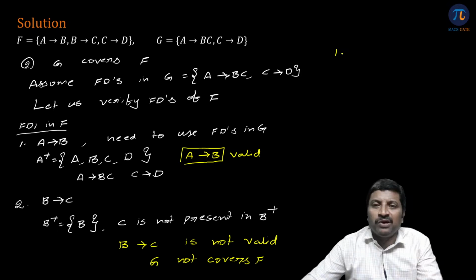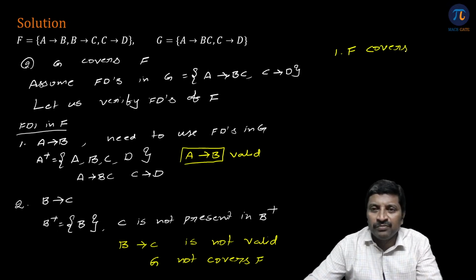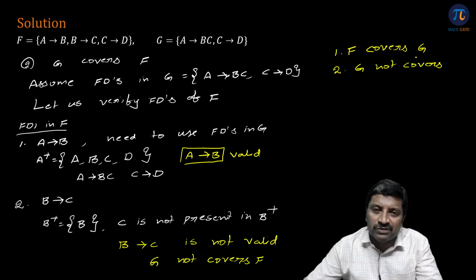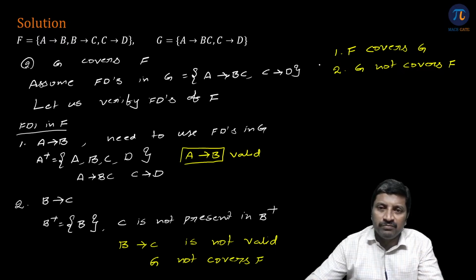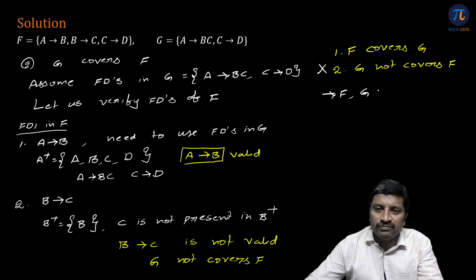So in the first part, we got F covers G. Am I right? Right. In the second part, we got G does not cover F. If both pass, only then we say they are equivalent. But in this case, the second part has failed. Since the second part has failed, we say they are not equivalent.